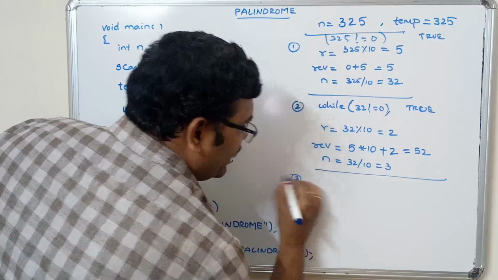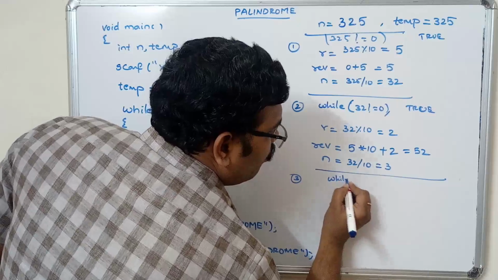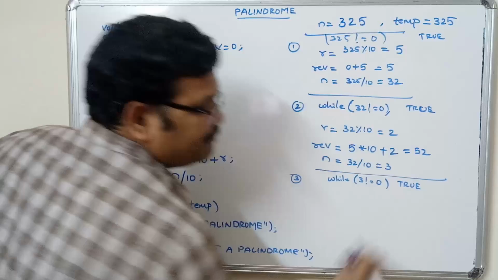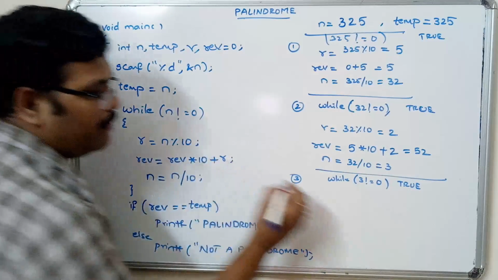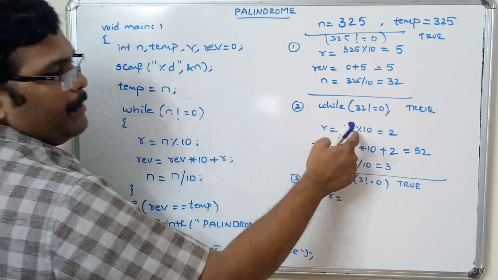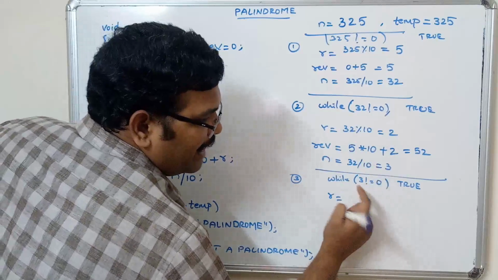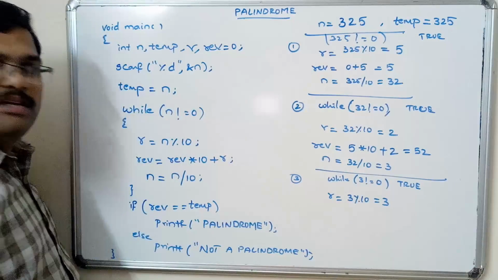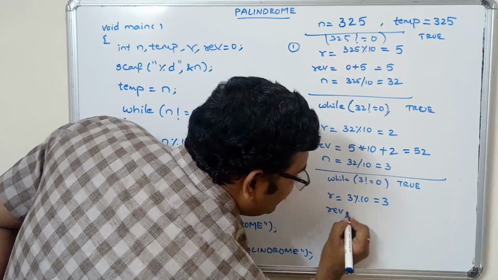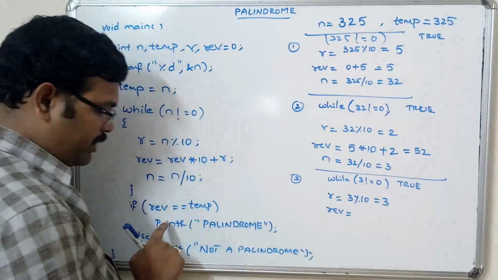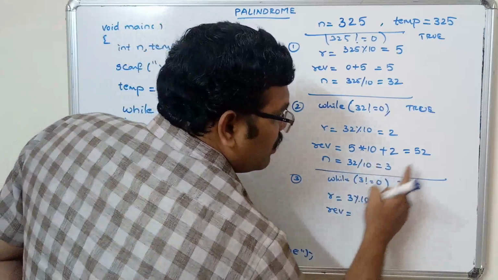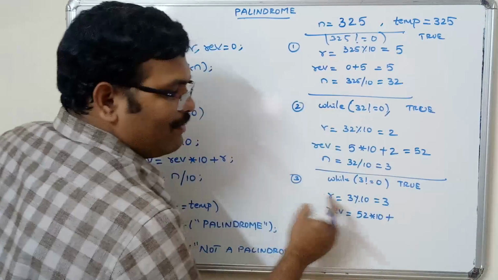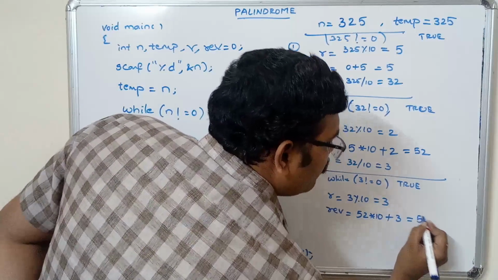Next, coming to the third iteration, check while 3 not equal to 0. Again it's true. Now again control enters into the loop. r is equal to n mod 10. Here n is 3, and 3 mod 10 is equal to 3. Now the r value is 3. Next, reverse is equal to reverse into 10, meaning 52 into 10 plus the r value, that is 3, which is equal to 523.